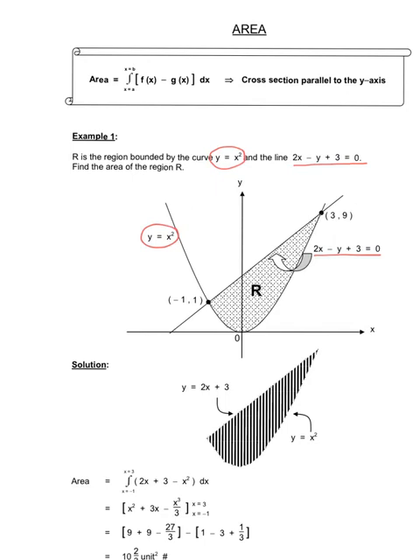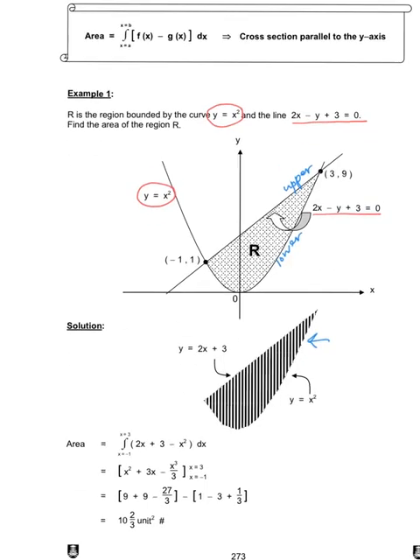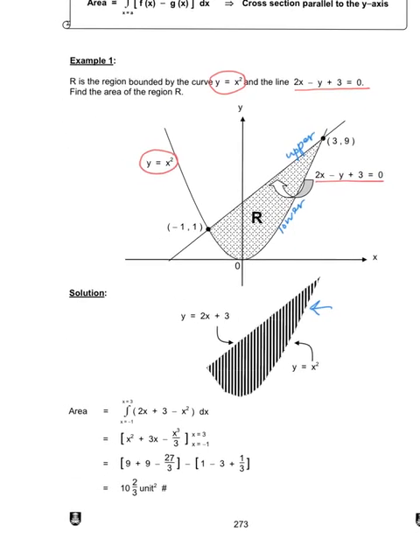Obviously, the straight line will become your upper function, and the curve will become your lower function. Or if you want to check in terms of cross-section parallel to the y-axis, here are the figures given to you. Let's continue.